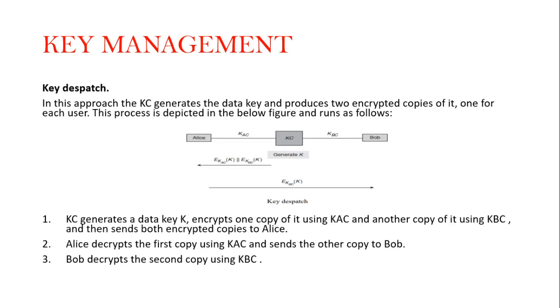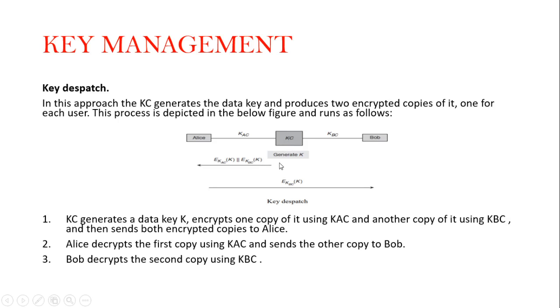The second one is key dispatch. In this approach, the key center generates the data key and produces two encrypted copies of it, one for each user. This process is depicted in the figure. Very much similar, Bob and Alice transfer their keys, that is KAC and KBC, to the key center.